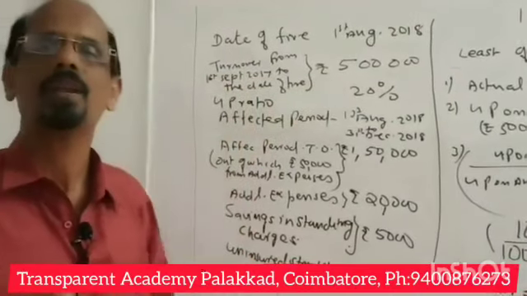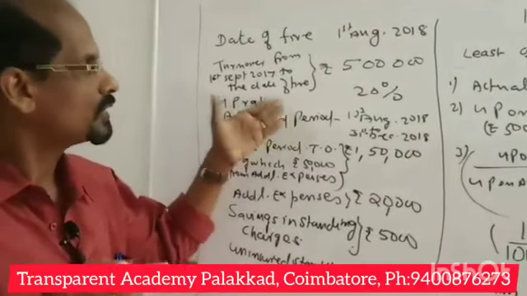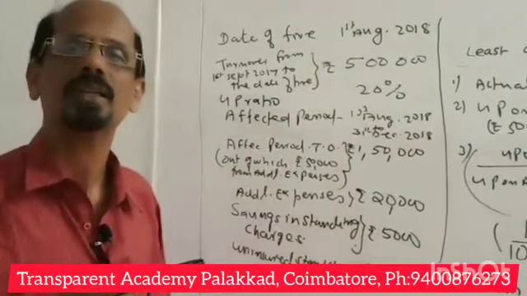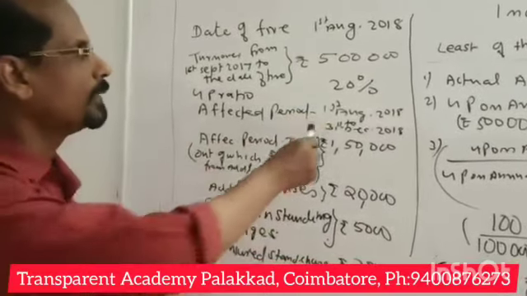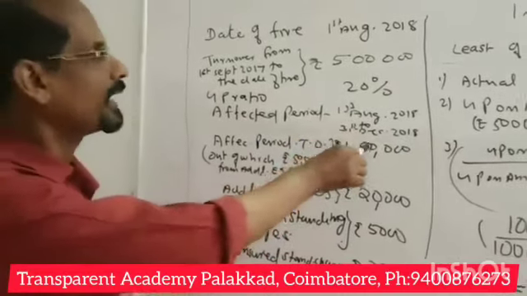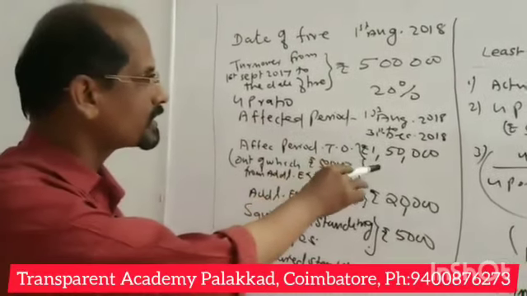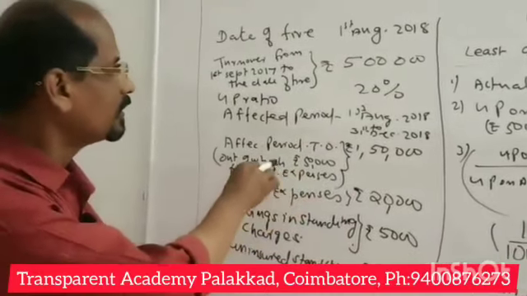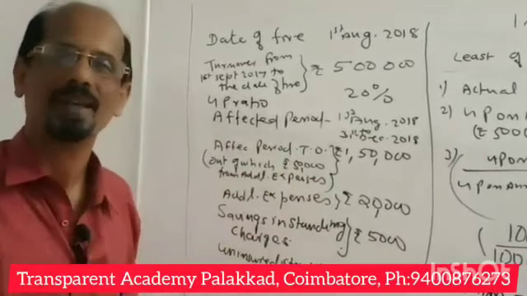Then suppose the GP ratio is 20%, and the affected period is, say, 1st August 2018 to 31st December 2018. The affected period turnover for that period is, suppose, 1,50,000. Remember one point: out of this 1,50,000, 50,000 has been achieved because of additional expense spent.